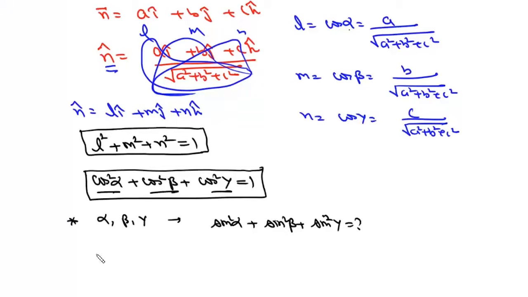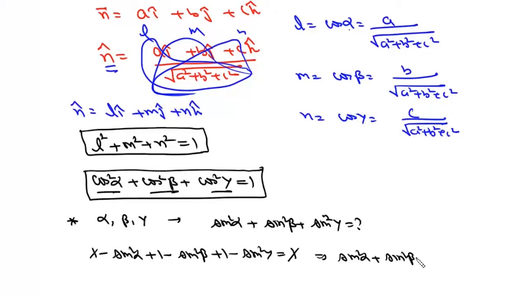Now if we write cos square as 1 minus sine square, we can write (1 minus sine square alpha) plus (1 minus sine square beta) plus (1 minus sine square gamma) equals 1. Now this 1 and 1 will cancel, so sine square alpha plus sine square beta plus sine square gamma must be equal to 2.